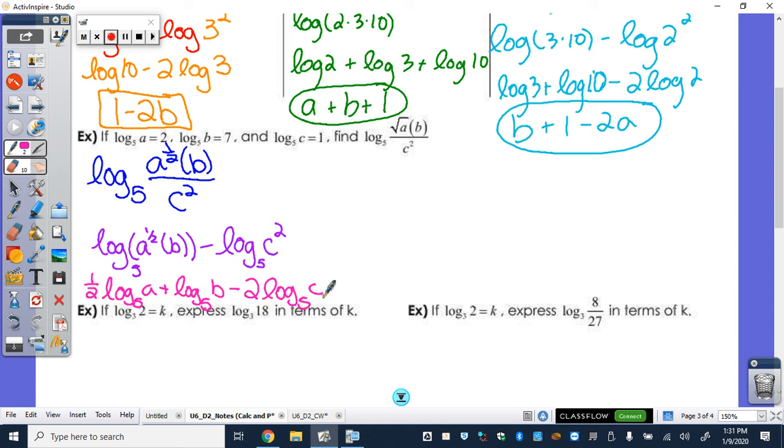Now we can plug our numbers in. A, they told us to use a 2, so it'd be 1/2 times 2 plus a 7, and then minus 2 times 1, because they told us log base 5 of c was a 1. So we combine those all together, what do we get? 6.